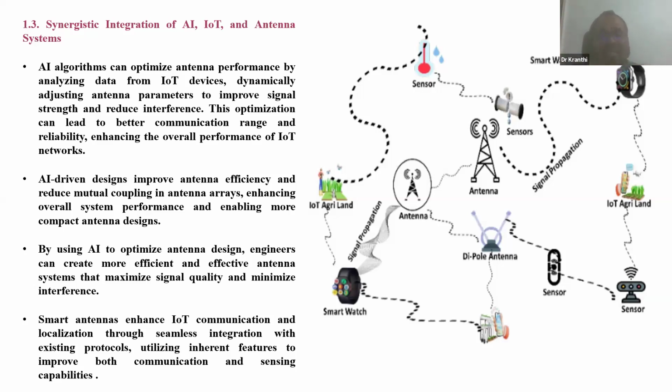And these AI algorithms process this data, related to temperature, soil moisture, or humidity, to provide predictive insights for precision farming.